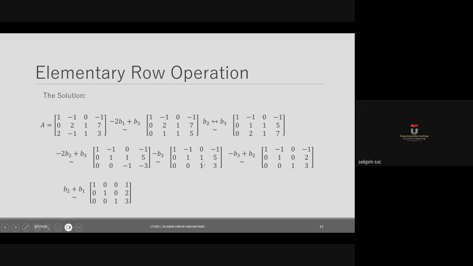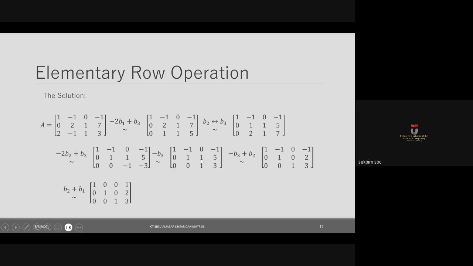Okay, so we start from this pivot, right? Pivot one, and we want to make all elements above this pivot zero. This is already zero, so it's fine. So what we need to do is to make this part zero, which refers to the second row.